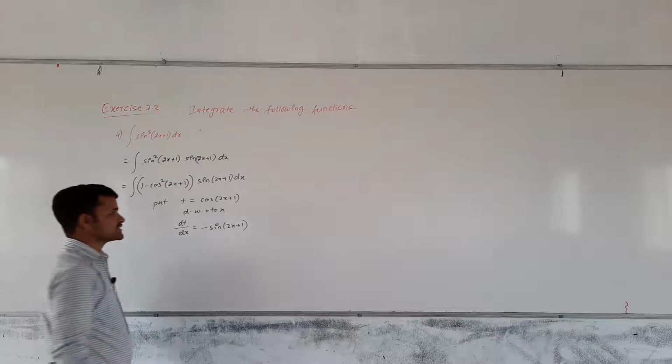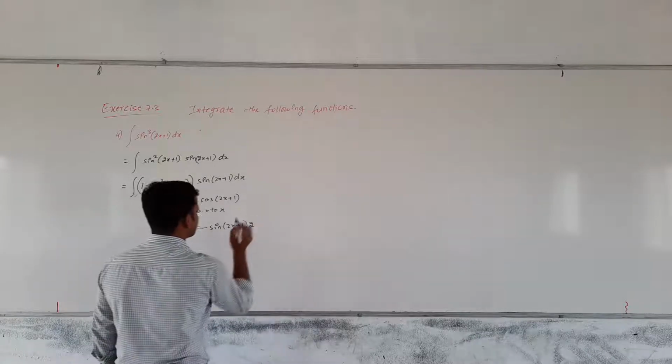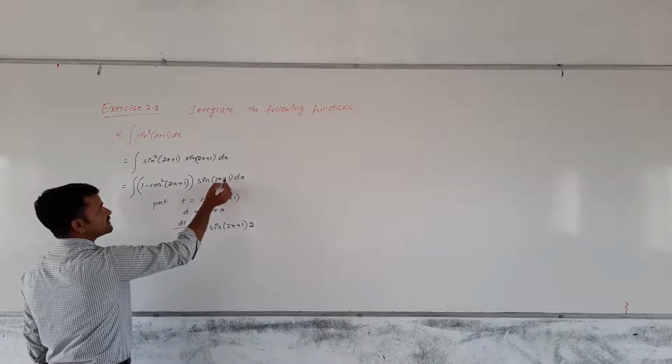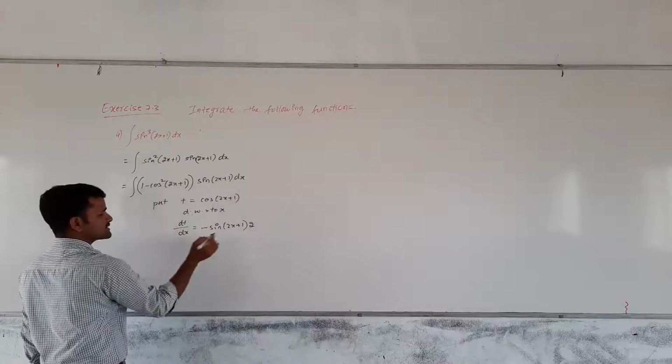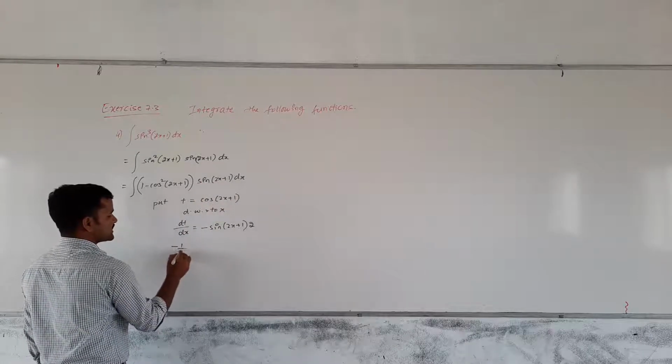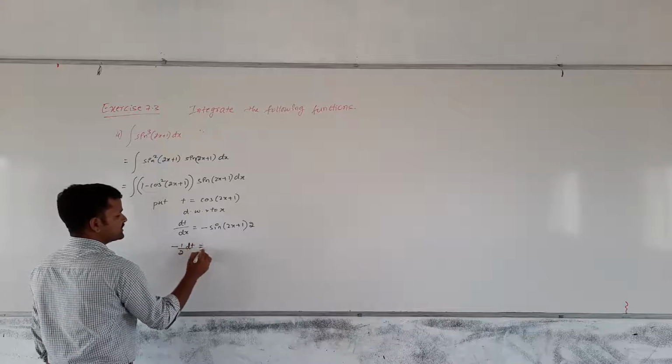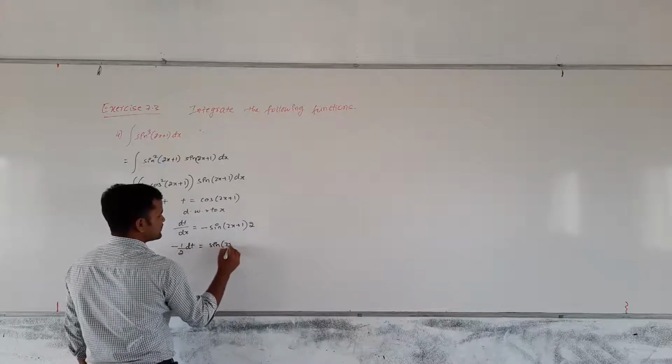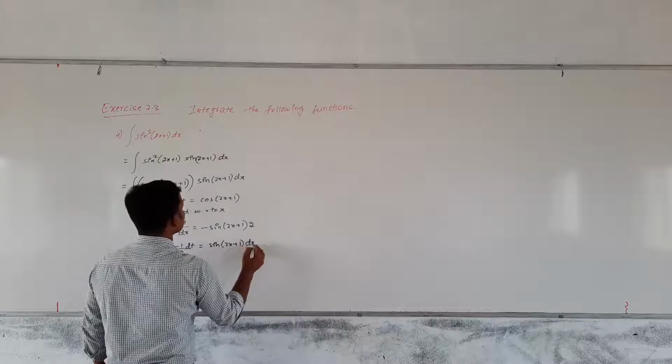What is the differentiation of 2x plus 1? That is 2. Here I have sine 2x plus 1 into dx. This minus 2 you take to the left hand side: minus 1 by 2 into dt is equal to sine of 2x plus 1 into dx.